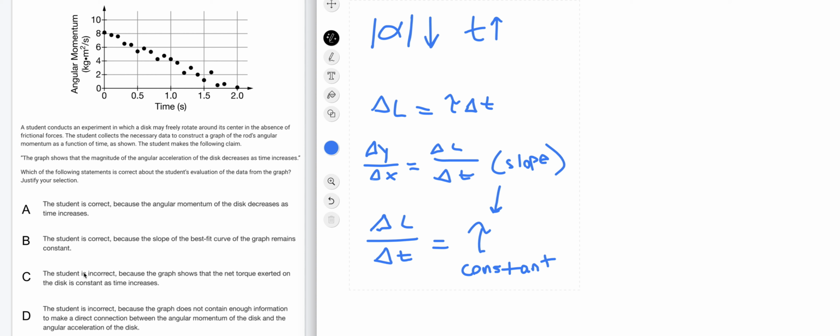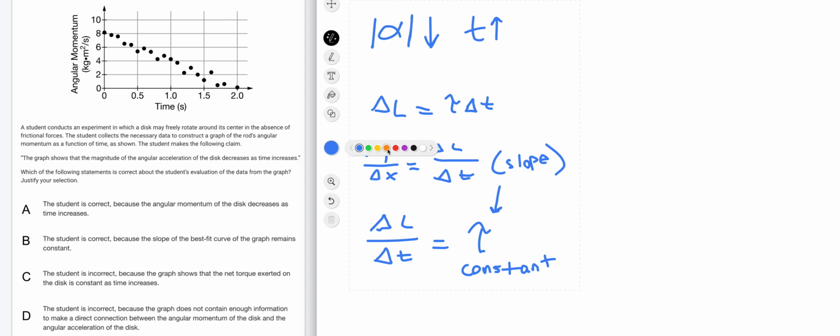Let's look at part C. The student is incorrect because the graph shows that the net torque exerted on the disk is constant as time increases. So that's true. The net torque exerted on the disk is constant as time increases. That's a true statement too. So all of these have the second part true, but this one says the student is incorrect. Let's think about this. We have torque and we have alpha.